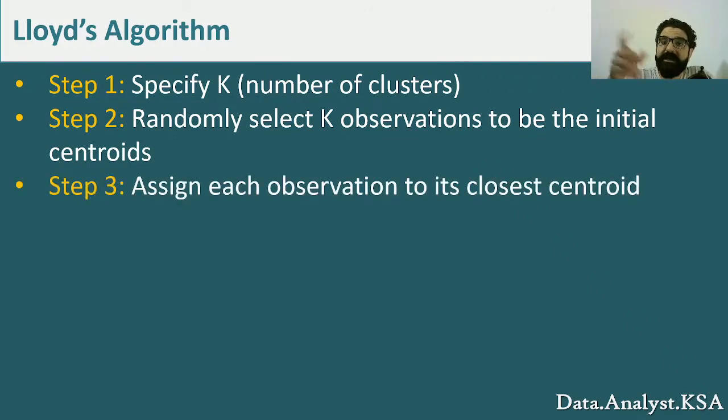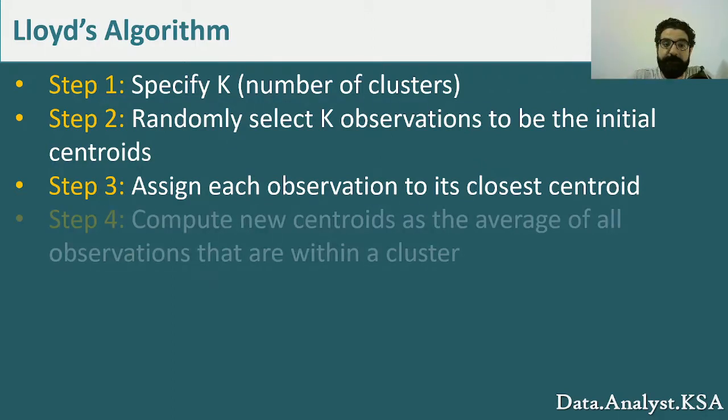Then I'm going to start assigning every single one of the 1000 points to these clusters based on their distance from those cluster centroids. So basically, if I selected point 1, point 2, point 3 to be the centroids of the 3 clusters, I'm going to calculate the distance from point 1 to every other point, then from point 2 to every other point, then from point 3 to every other point, and I'm going to assign every point to the cluster that is closest to it.